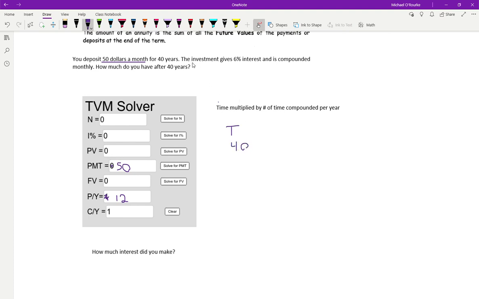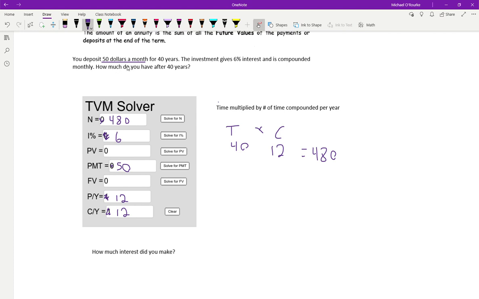The investment gives 6% interest, and is compounded monthly, so we're at 12 here. Now, we also go times time. So it's 40 times 12, which is 480 altogether. So therefore, this number becomes 480.